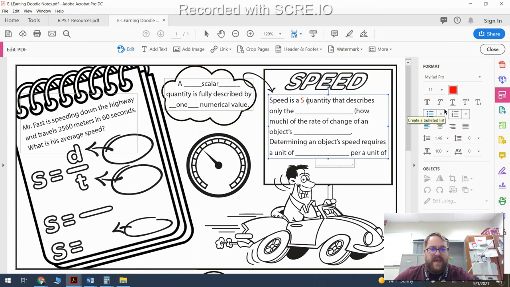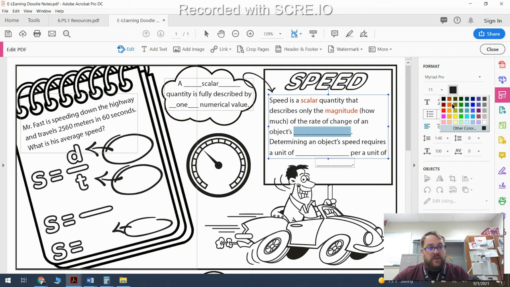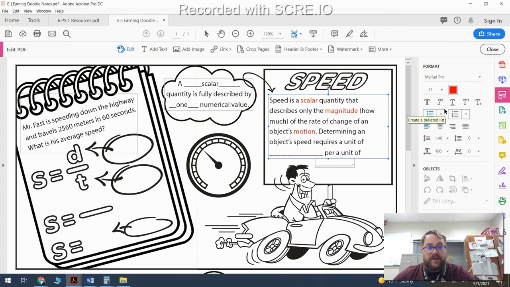So speed is a scalar quantity that describes only, and here's a new word for you, only the magnitude. Magnitude is just how much of something there is. So that describes only the magnitude of the rate of change in an object's motion. Because really that's what we're doing with speed, we're determining an object's motion, how fast it's moving.